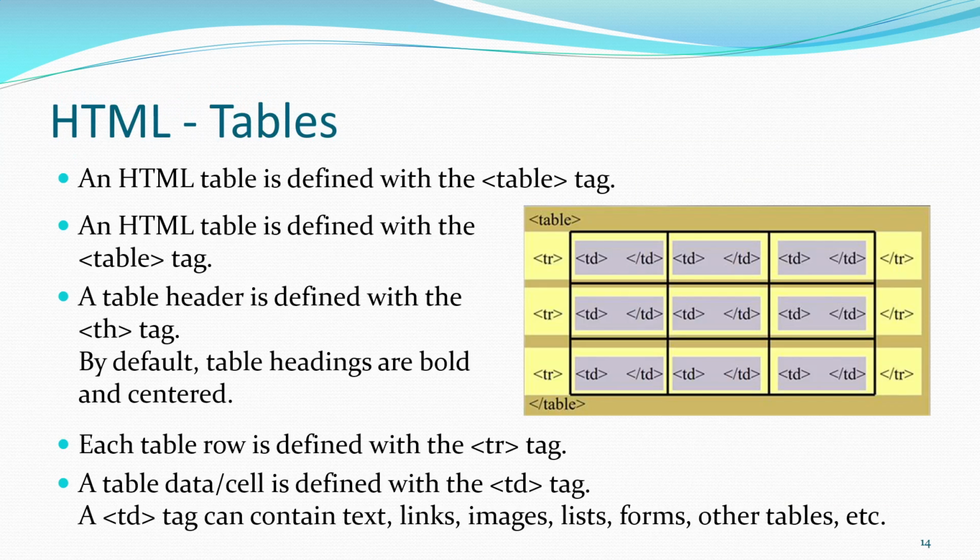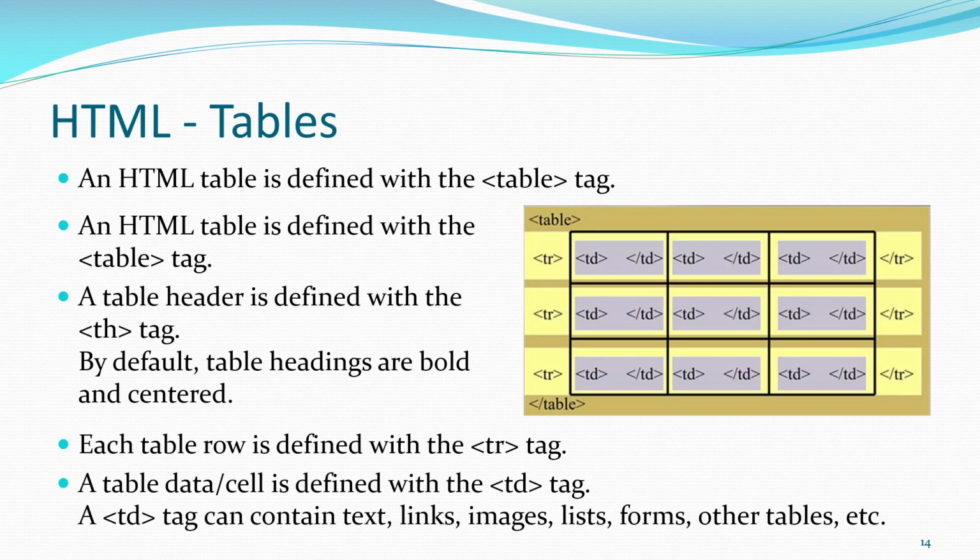Next one is our table. So we start that off with the table tag, and then within the table tags we define the headers, which are th tags, and headers will be by default bold and centered within their little field, and each row starts off with a tr tag for table row.